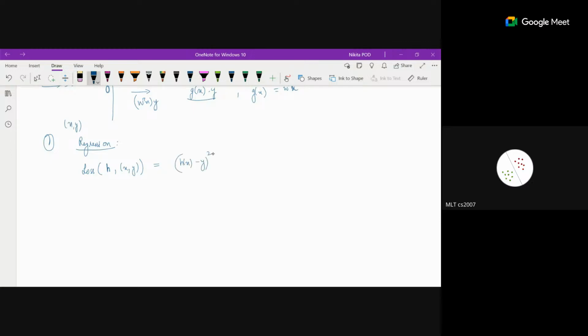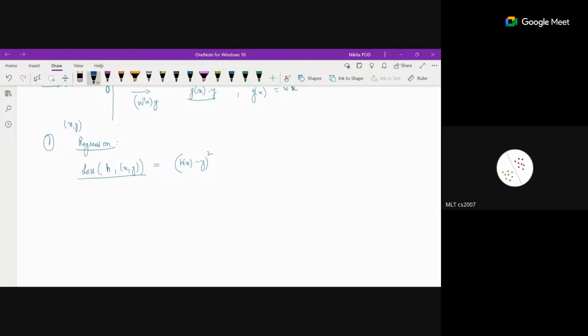For more than one point, we could take a summation over i varying from 1 to n, but since we're talking about just one point, we'll go ahead with this. So this is the loss that we have defined.